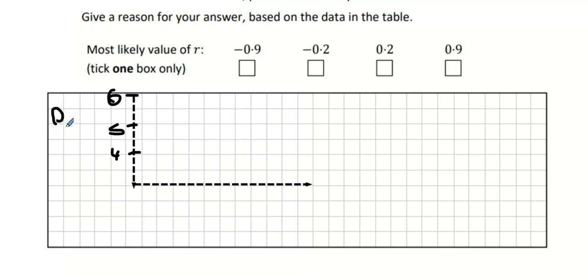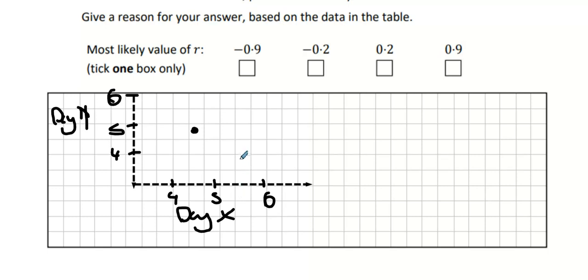So I'll call this day Y, the Y axis, and day X, the X axis. What's the day X weight? And what's the day Y weight? 4.5 about here, 4.8 about here. That's that point there.